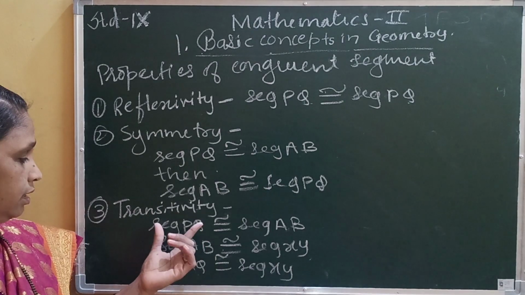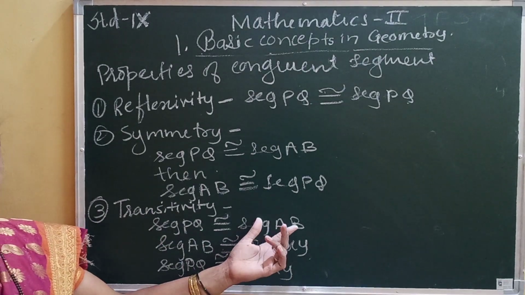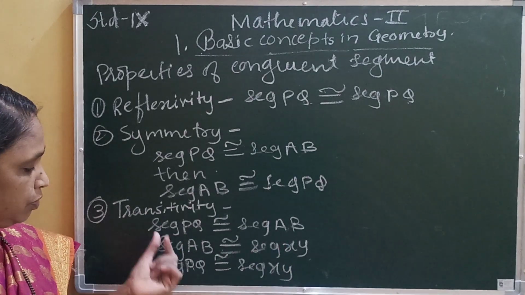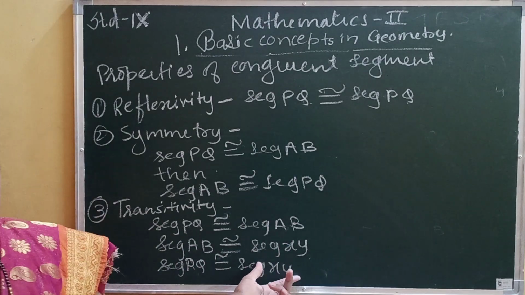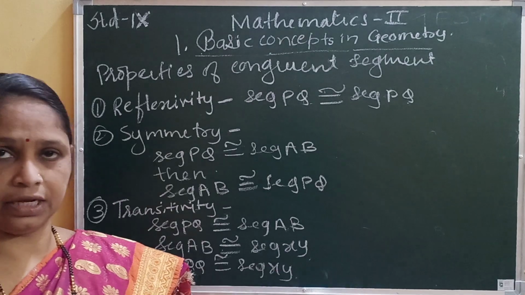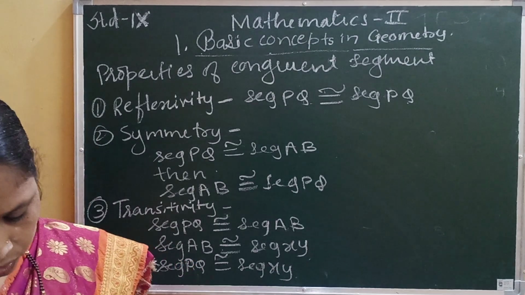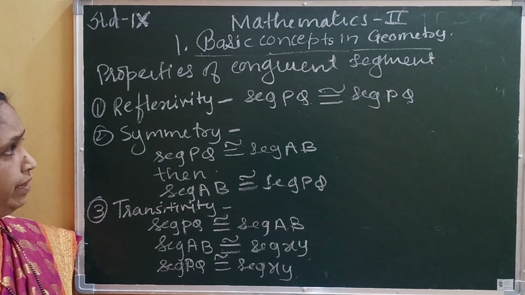Follow this: if PQ is congruent to AB, and AB is congruent to XY, then PQ also will be congruent to XY. We followed these three properties of congruence of segments.